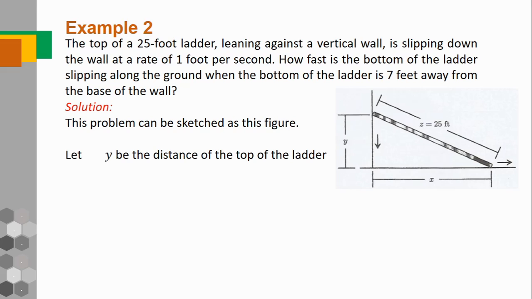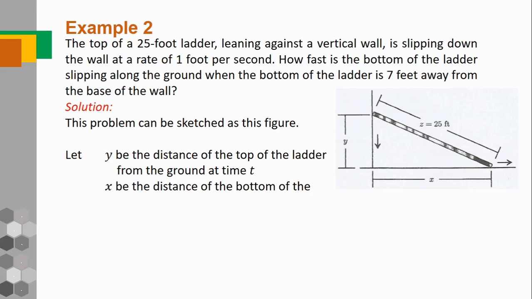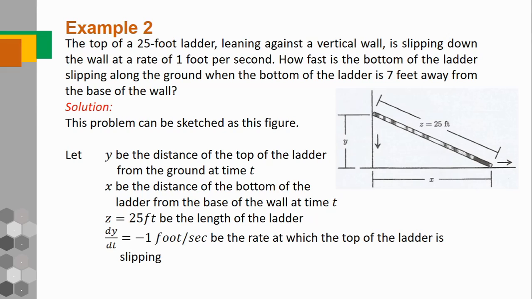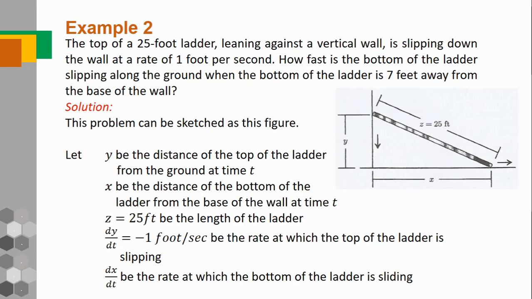Let y be the distance of the top of the ladder from the ground at time t, x be the distance of the bottom of the ladder from the base of the wall at time t, z equals 25 feet be the length of the ladder, dy over dt equals negative 1 foot per second be the rate at which the top of the ladder is slipping, and dx over dt be the rate at which the bottom of the ladder is sliding along the ground.